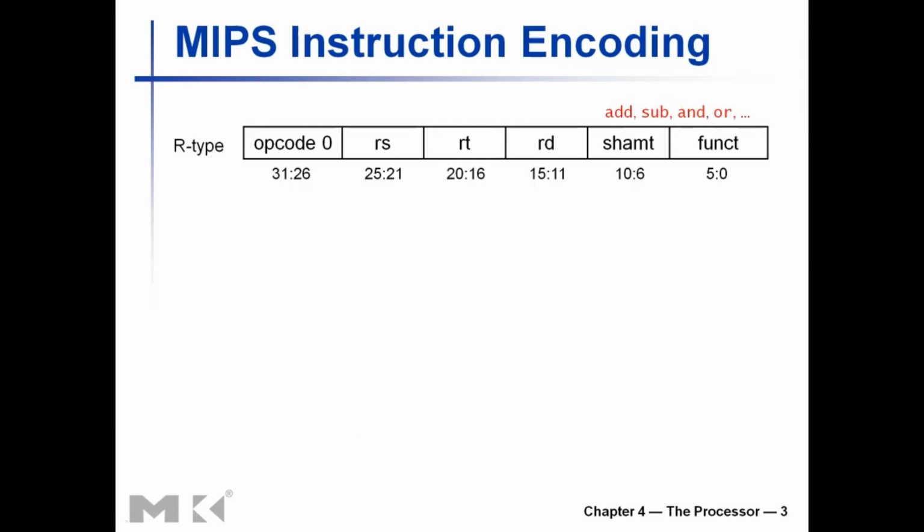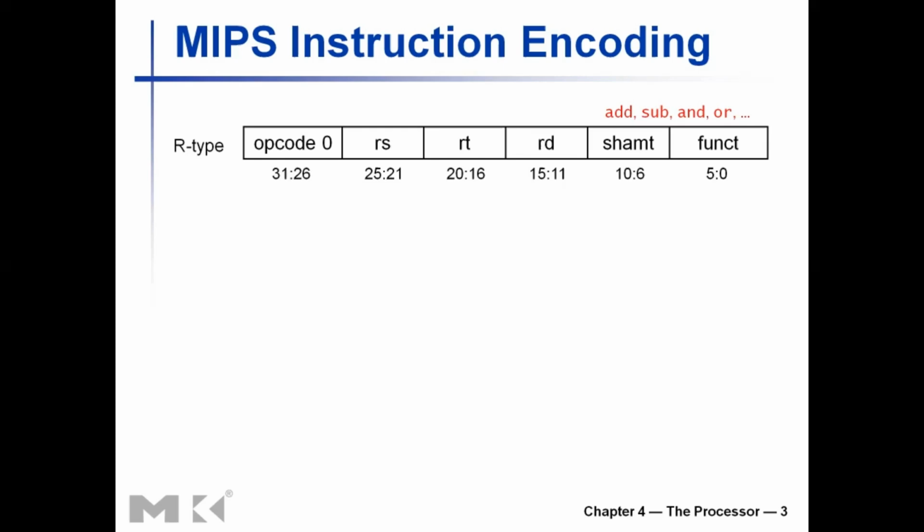Right, so when you take R-type instructions, the encoding looks something like this. As with ARM, we have a fixed length for every instruction, 32 bits. Every instruction is 32 bits wide. Then the first 6 bits, from bit 26 onwards, bit 26, 27, 28, 29, 30, 31, those 6 bits are defined as the opcode or the operation code of the instruction.